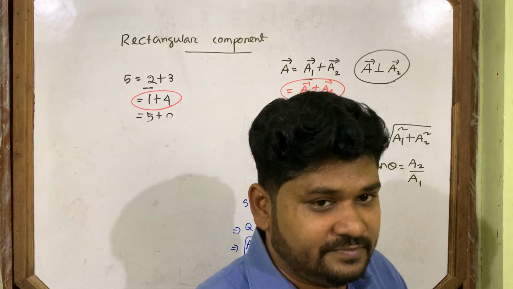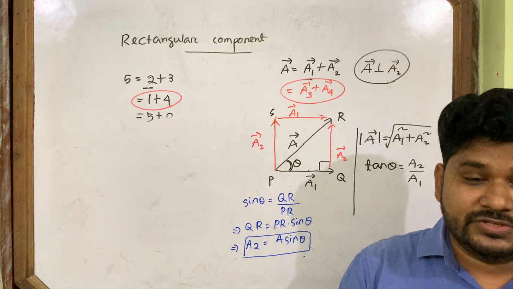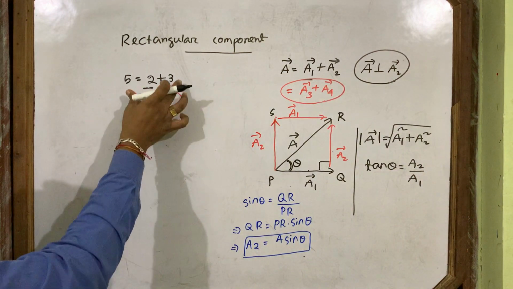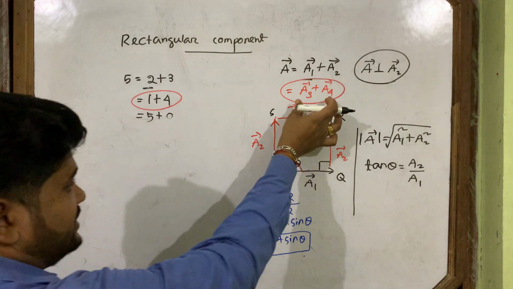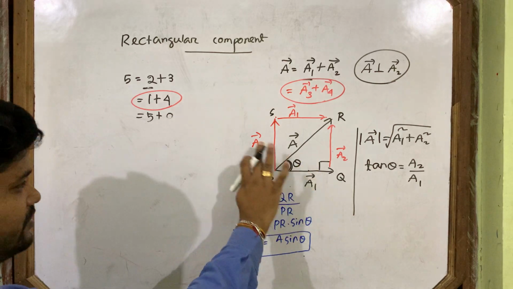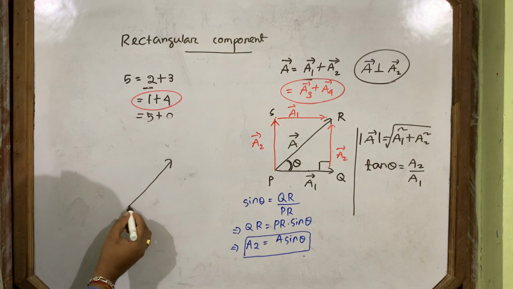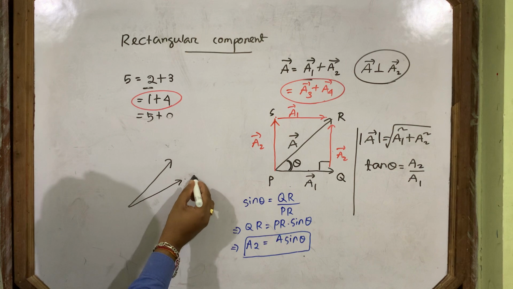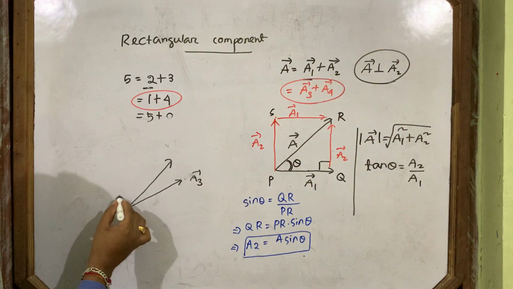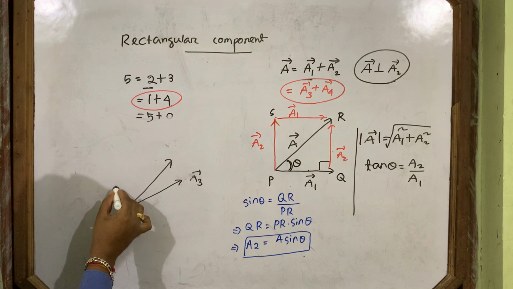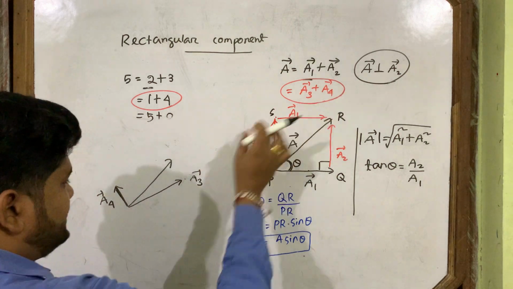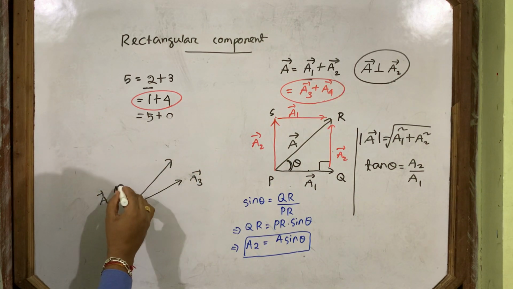Suppose I choose A3 like this, with A1, A2 as one pair. This is another pair. Then A4 will be perpendicular to A3, and they have to form a rectangle.